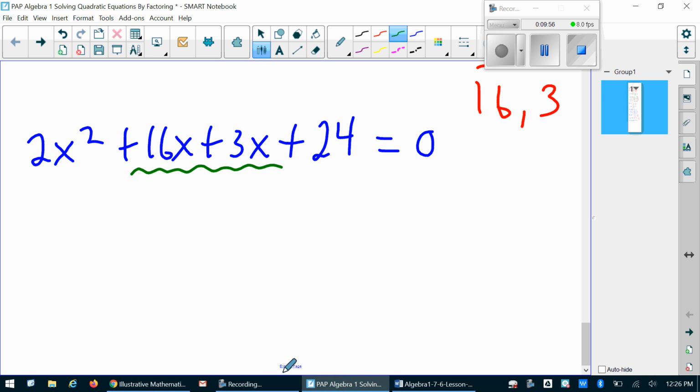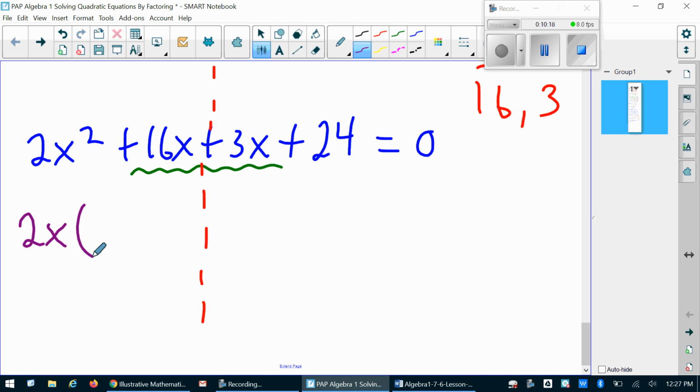All right. Once I have them, I'm going to split this down the middle. I'm going to find a greatest common factor for these two terms. And I believe the greatest common factor for those will be 2x.